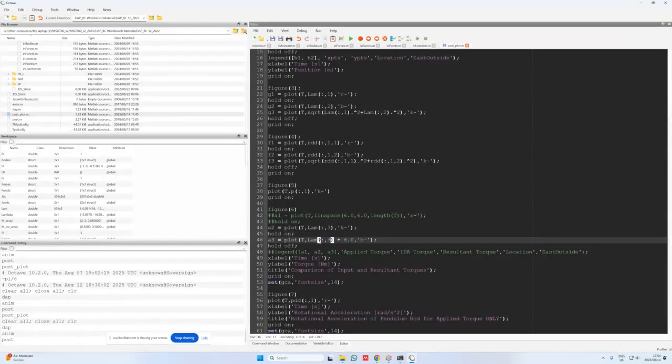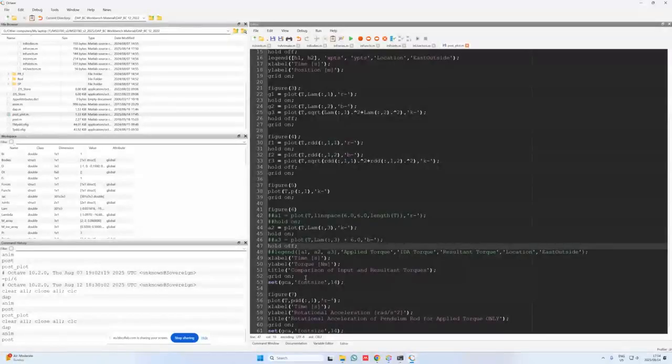So A3 is simply going to be the resultant torque, so that we're going to look at in a moment when we do the inverse and the forward dynamic analysis at the same time. But for now, we just want to focus on what the effect of the inverse dynamic analysis torque is.